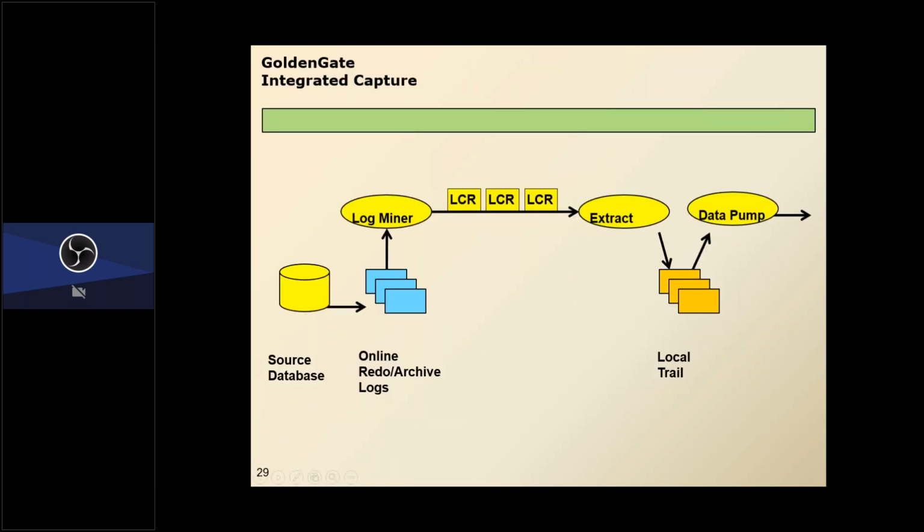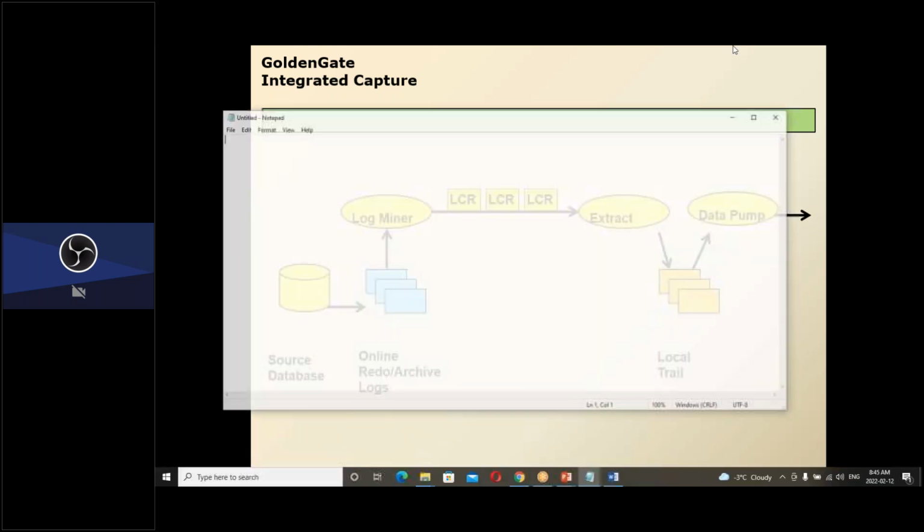Now because LogMiner is a tool which is internal to the database, it becomes easier and faster for LogMiner to process those changes, filter those changes, and pass on what is needed to the extract process.